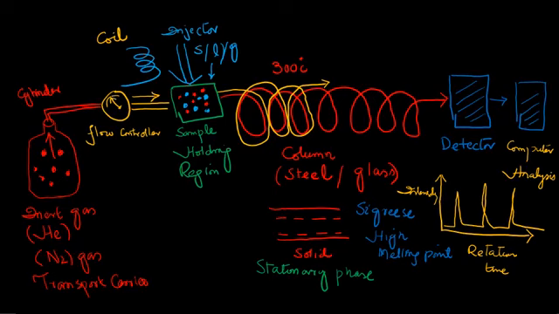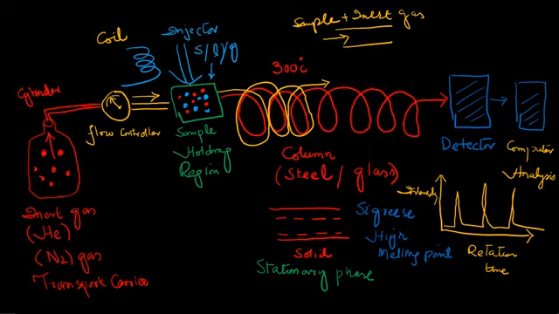The column in gas chromatography is usually in the form of a tube. So the sample plus inert gas will be transported inside the tube, the column of the gas chromatograph. The column consists of a stationary phase material.